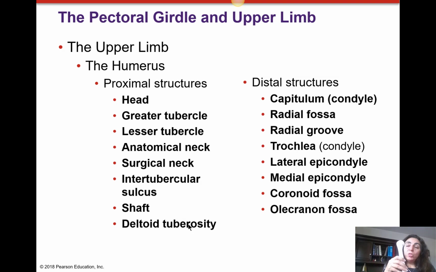Again, the things that you need to know: which side is superior, which side is inferior. I already showed you that one part of this bone is going to take part in the shoulder joint. So if you remember, you can tell me which side it is. Is it this side or this side?